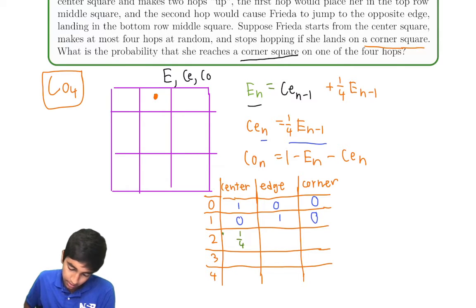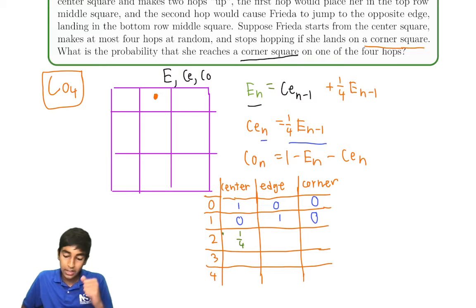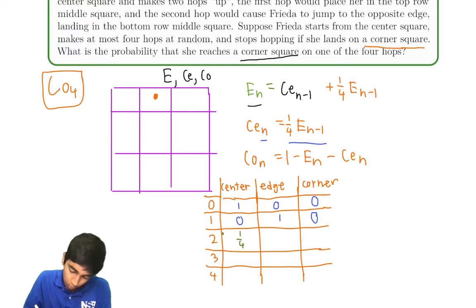Edge after 2 is CE of 1, the probability of being at the center after 1 move, which is 0, plus 1/4 the probability it's at the edge at 1. Edge of 1 is 1, so 1/4 of that, 1/4. And the corner is just 1 minus the other 2, so half so far.